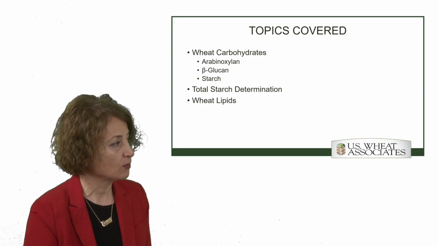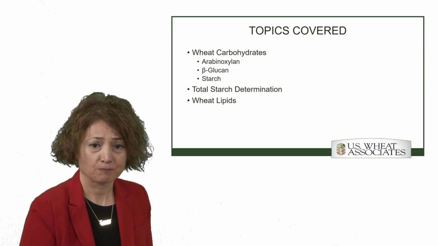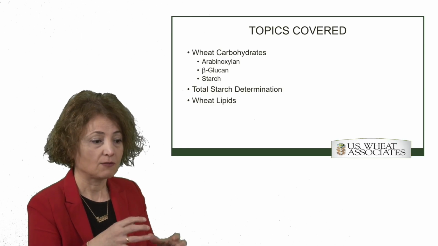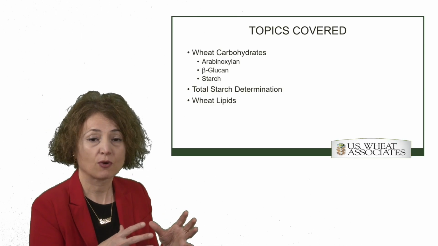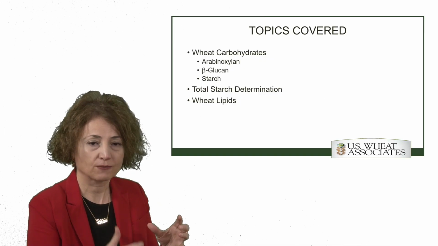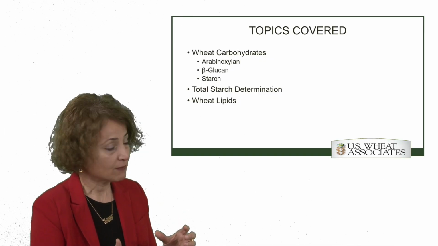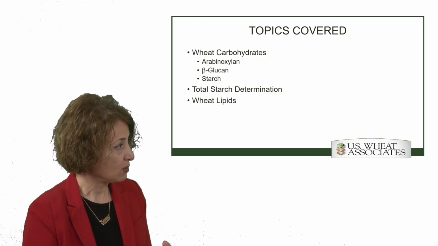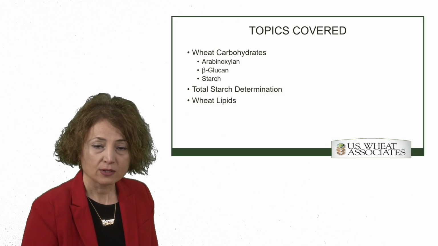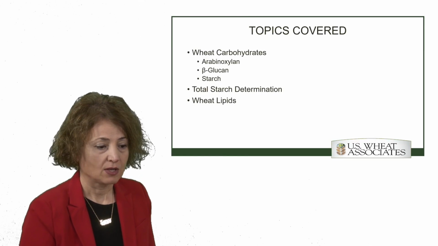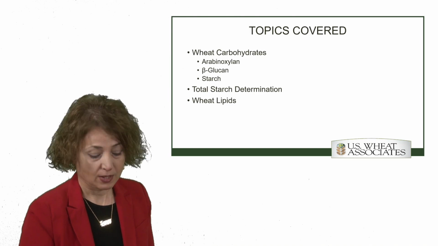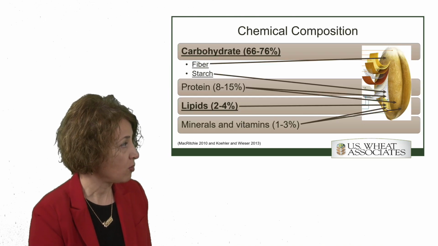Again, we know from our previous lectures that the wheat kernel is very complex, and when we extract endosperm, we know each part of the endosperm, each meal fraction, will have a different chemical composition. So now we will go more in depth into what the wheat carbohydrates are, what their chemistry and functionality are, and why they are so important.